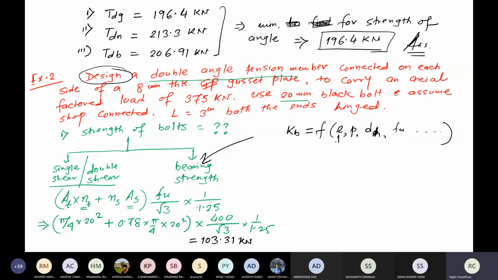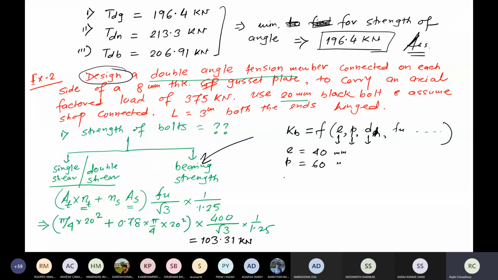So now you have to consider what is the minimum pitch, maximum pitch that you may require to take into account. I have taken E equal to, let's say, 40 mm. P, let's say, is considered to be 60 mm.